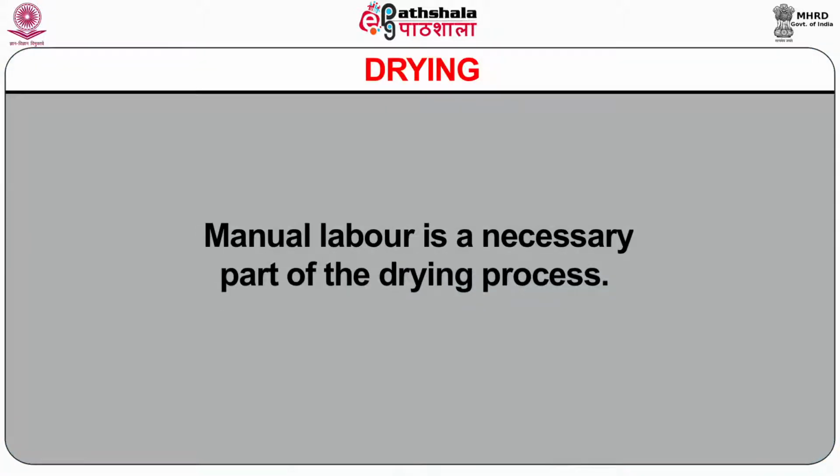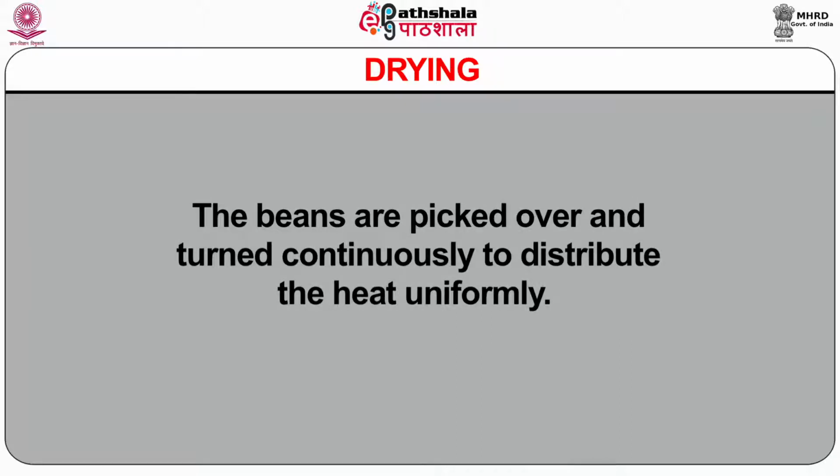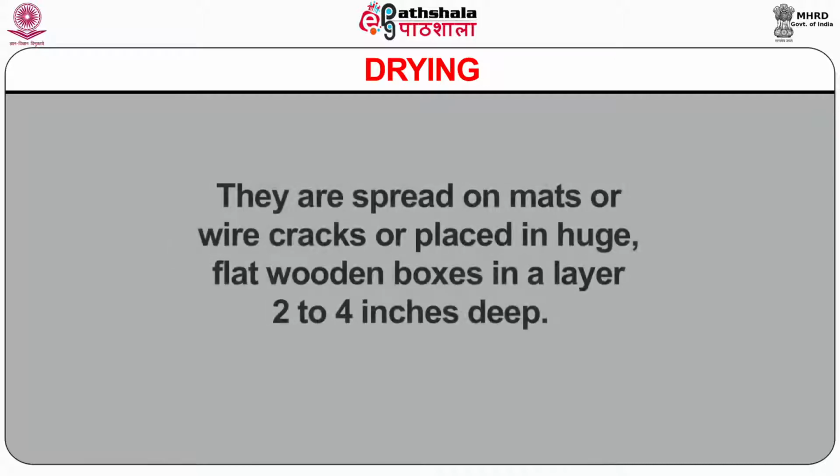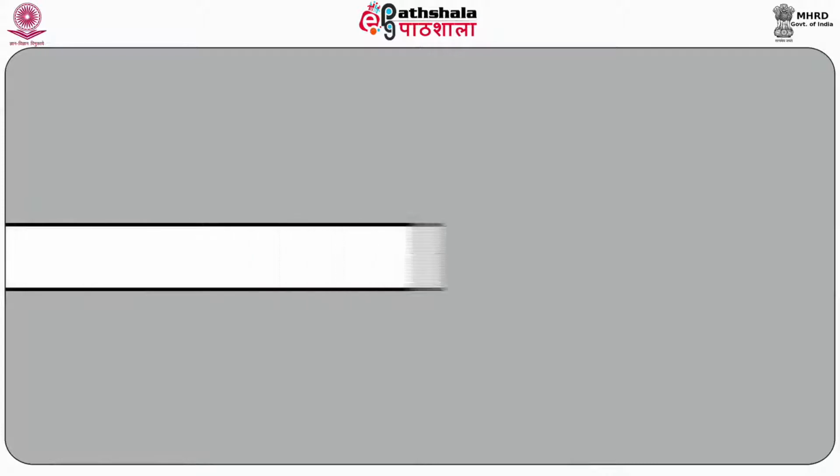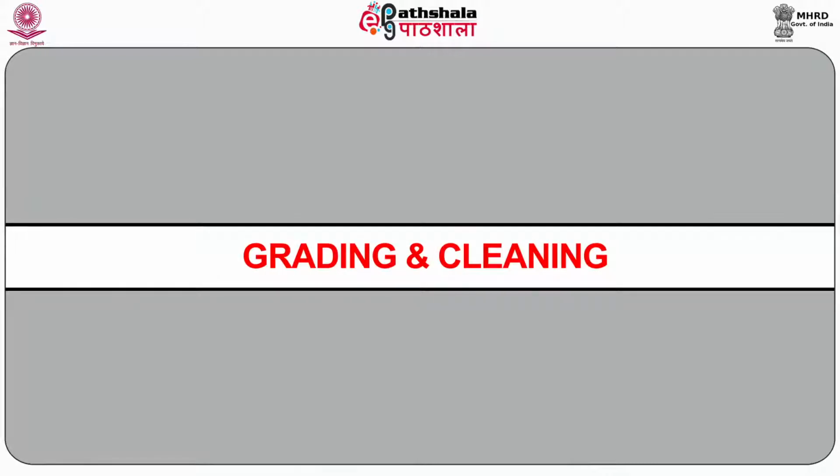Manual labor is a necessary part of the drying process. The beans are picked over and turned continuously to distribute the heat uniformly. They are spread on mats or wire racks or placed in huge flat wooden boxes in a layer 2 to 4 inches deep.